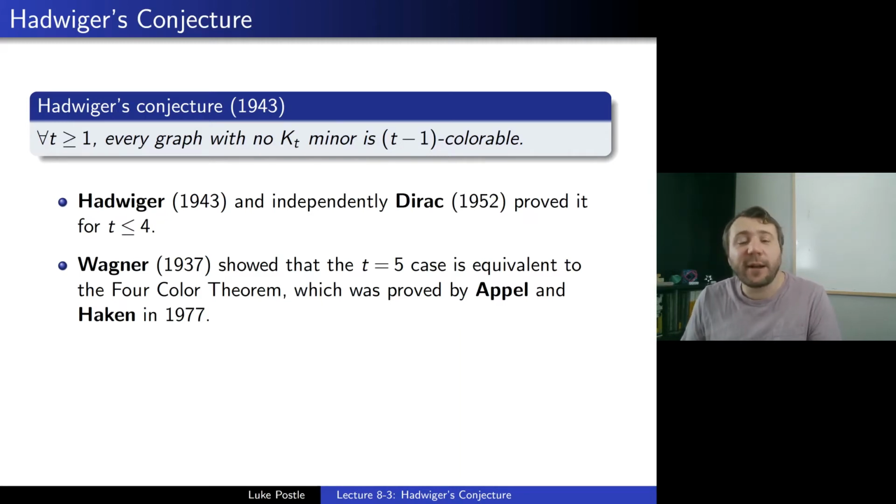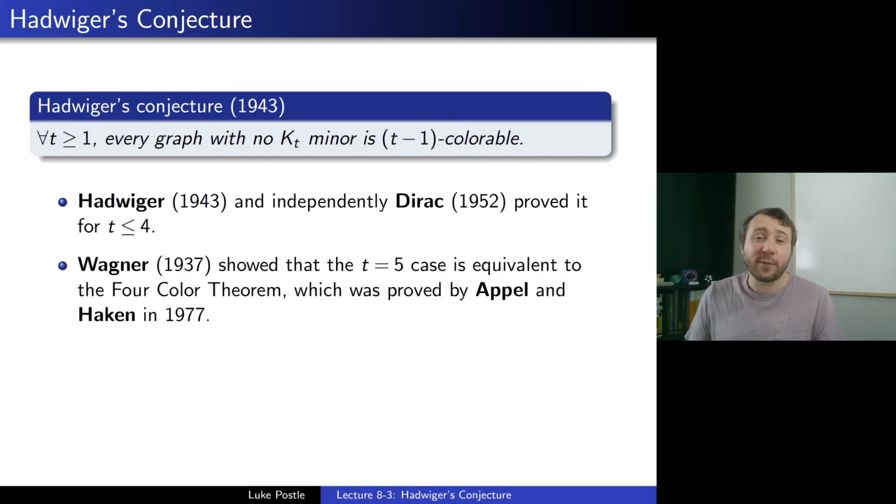If you think about what that means, 3-sums will work for colorability, and V8 turns out to be 4-colorable, so you can indeed color as long as you know that planar graphs are 4-colorable. That's how Wagner showed that they're equivalent by describing the structure of graphs with no K5 minor.